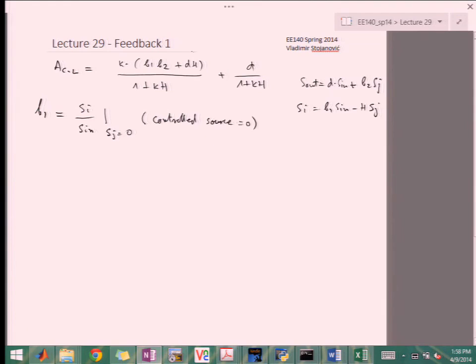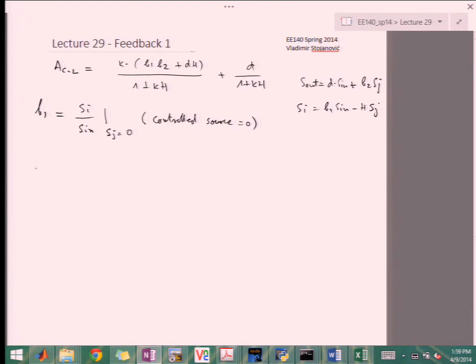Controlled source means A times V error, right? So that native A of the amplifier is 0. If we had a transistor, that would be GM equals 0, right? Because that's the coefficient that multiplies VGS or V pi.